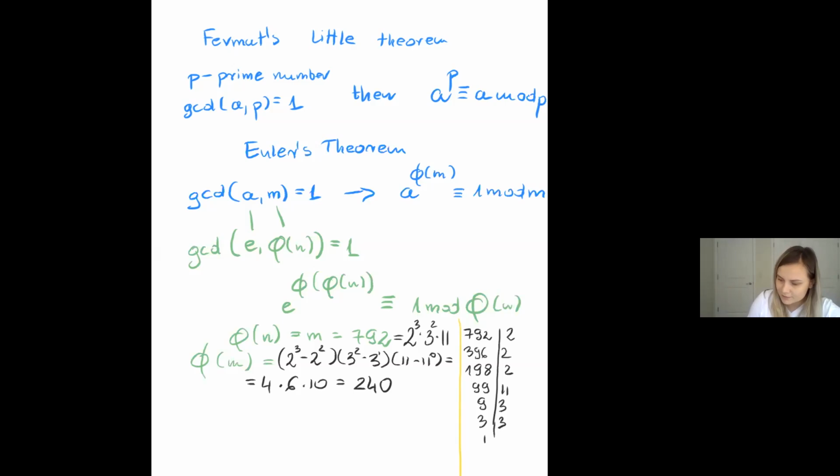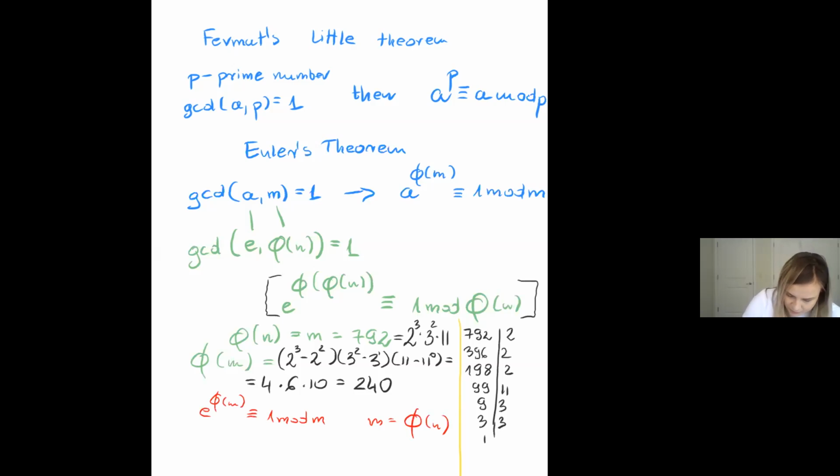And now what we have to do is just use our formula. So our formula, the green formula, this one. Actually, I can write for you the general formula for this. So if you write e to the power phi of m is congruent to 1 modulo m, where m is phi of n, the public parameter n in RSA.